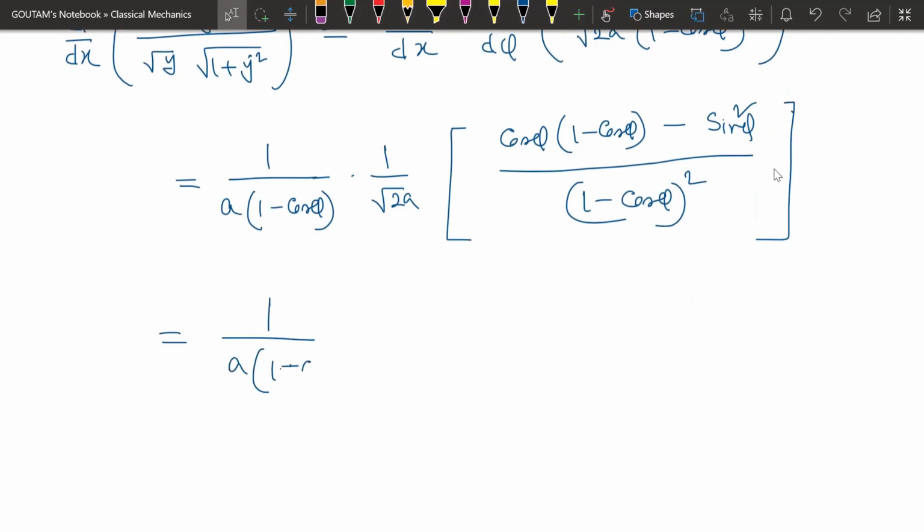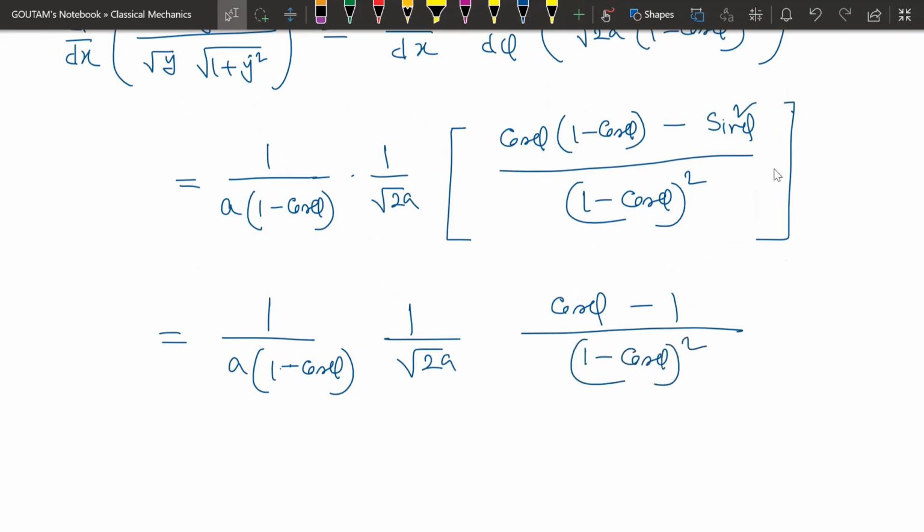So a times 1 minus cos phi put under 2a. Here, what we will get is cos phi minus 1, and 1 means sin square phi plus cos square phi. And here we are getting 1 minus cos phi square.